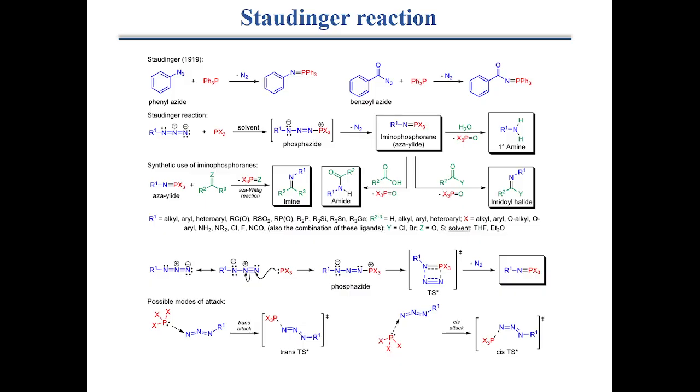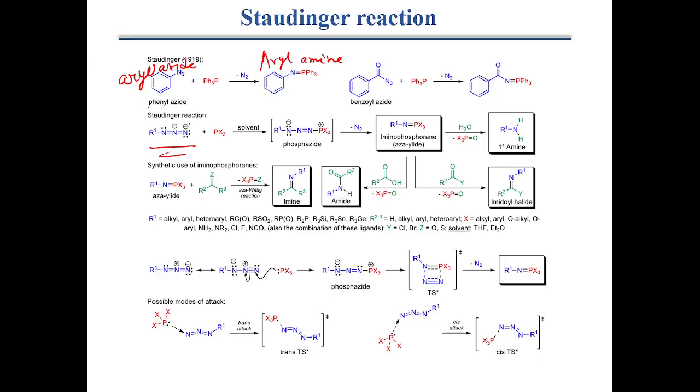Next, I am going to discuss the Staudinger reaction. In this case also, any aryl azide will give aryl amine in the presence of phosphine. So what is the mechanism? This is the azide.